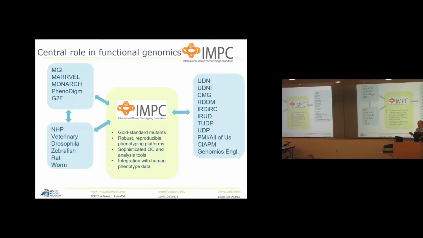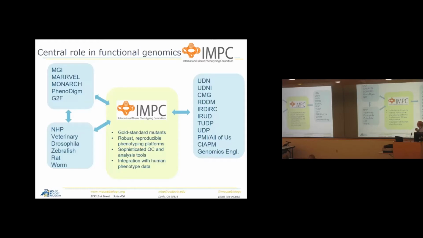And then it's also not just about mouse, right? There's also other animals, everything from non-human primates to dogs and cats, the veterinary patients, worms, fish, rats, flies, and so on. So it's important to be able to begin to integrate some of that data into this analysis.